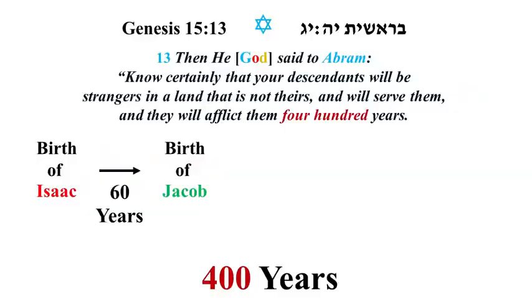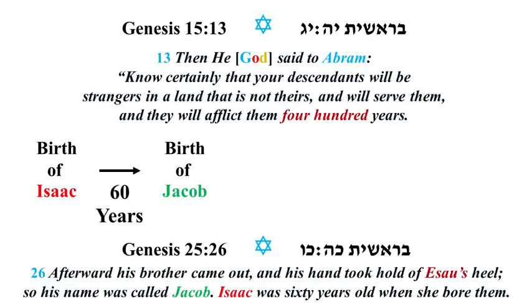And we know that Isaac was 60 years old whenever Jacob was born. And how do we know he was 60 years old? Genesis 25:26. And afterward his brother came out, and his hand took hold of Esau's heel. So his name was called Yaakov. Isaac was 60 years old when she bore him.